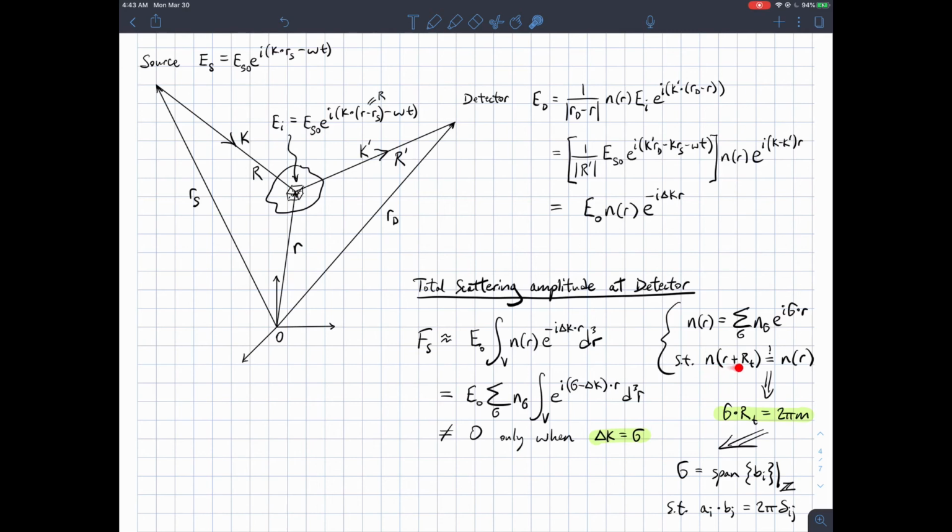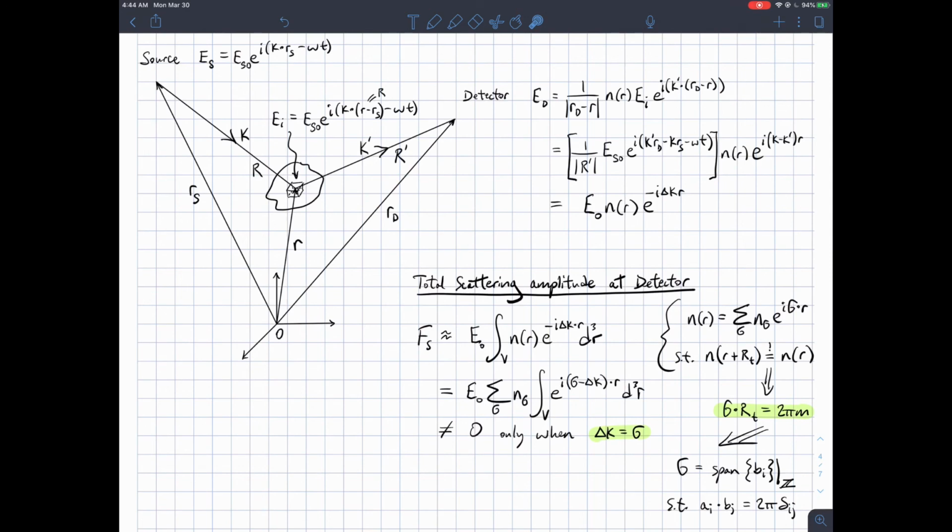So that means that the density has to be periodic. We're enforcing the periodicity with respect to these translation vectors. So in order for this to be true, then if I replace R by R plus RT, then G dot RT must be an integer multiple of 2 pi.